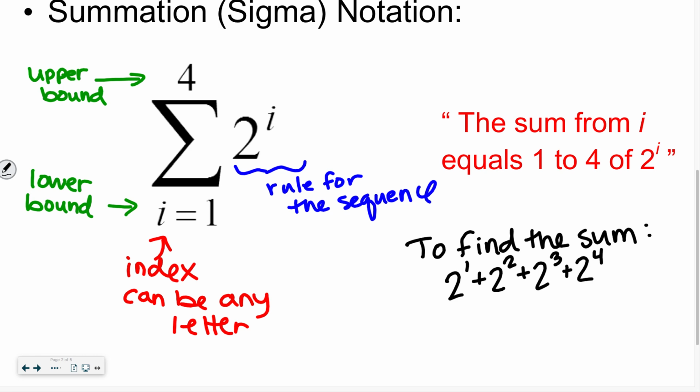That's what it says, the sum of I equals 1 to 4 of 2 to the I. So we're replacing I with all of those values from 1 to 4. And then that's 2 plus 4 plus 8 plus 16. So what am I at? 24, 28, 30? So that's the sum of the series.